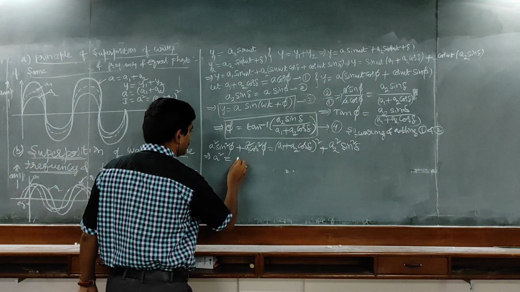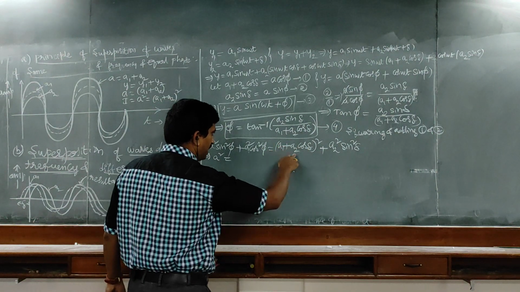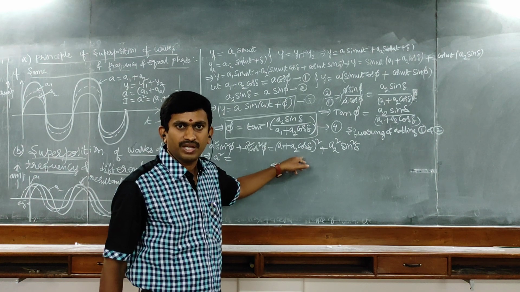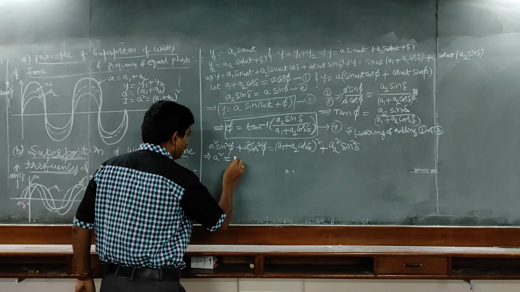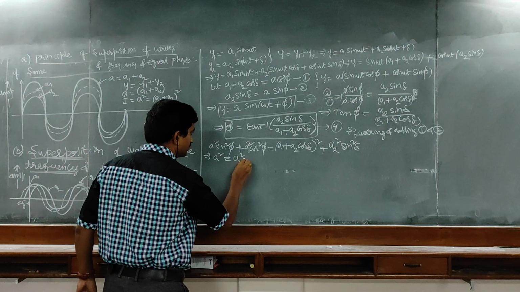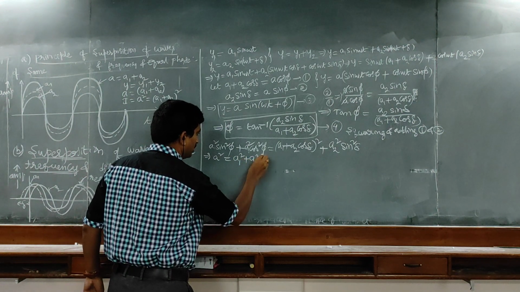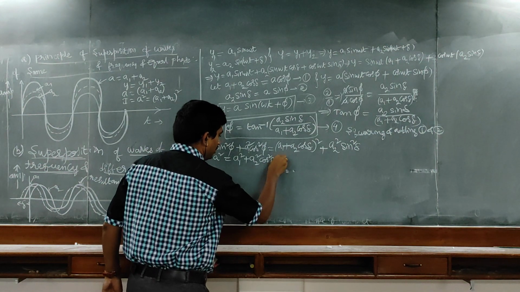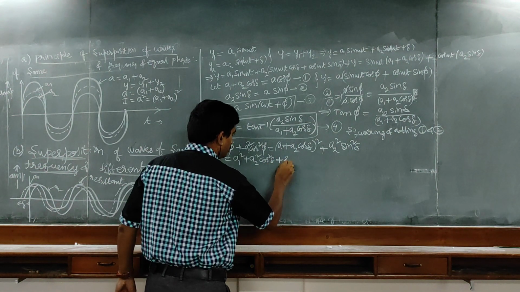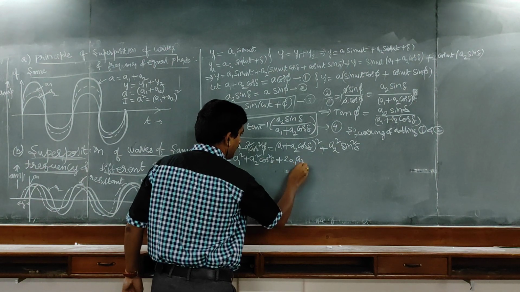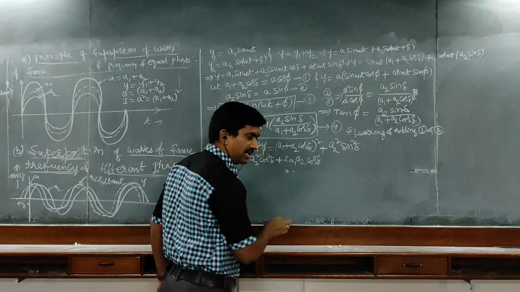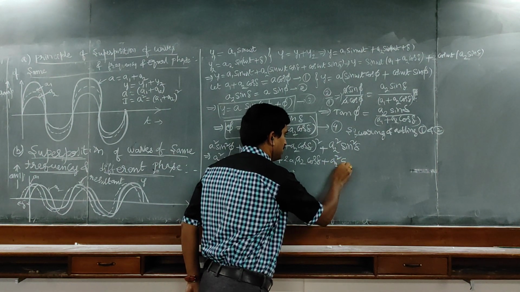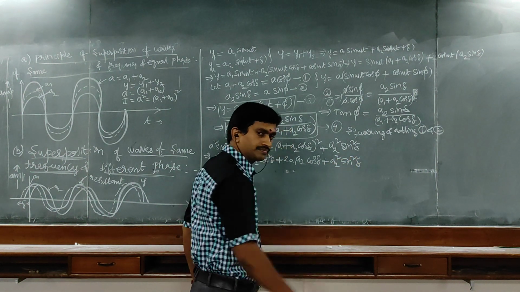Therefore a square is equal to, expanding the first term of the right hand side, which is in the form of a plus b whole square, a1 square plus a2 square cos square delta plus 2a1 a2 cos delta plus a2 square sin square delta.